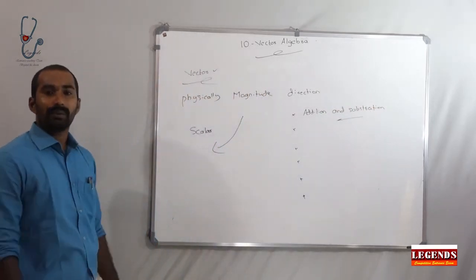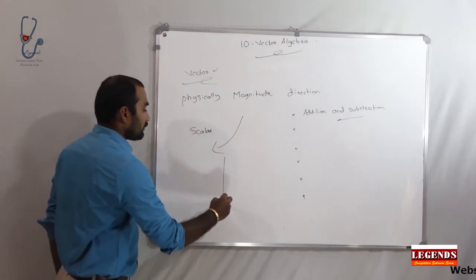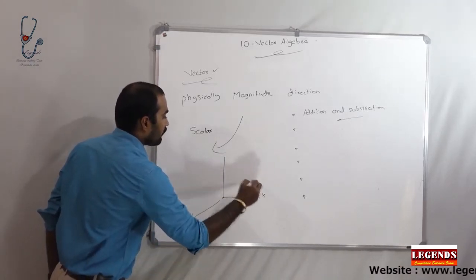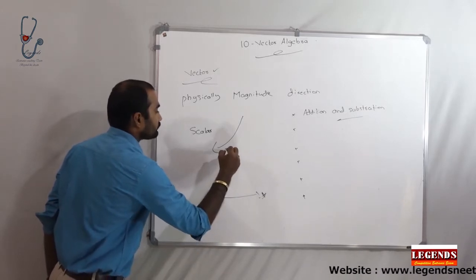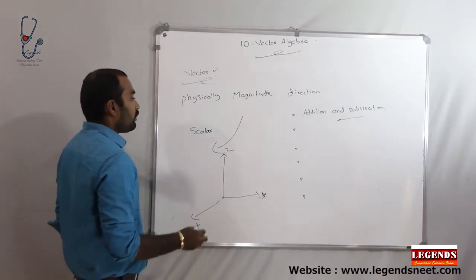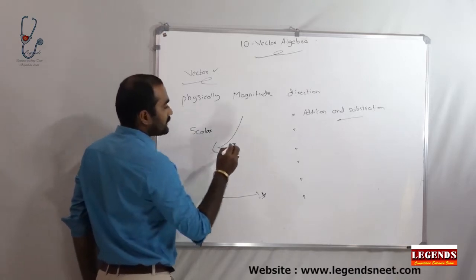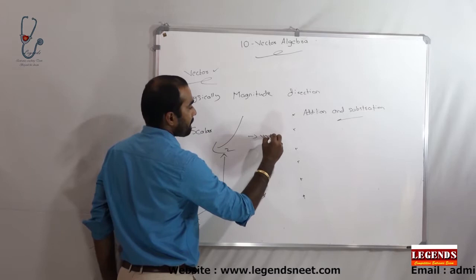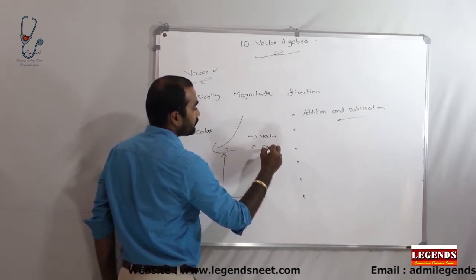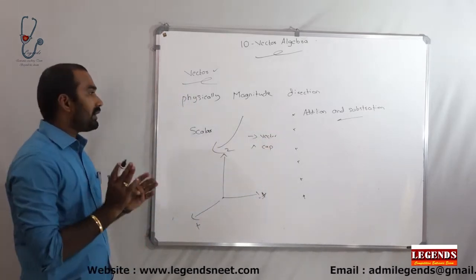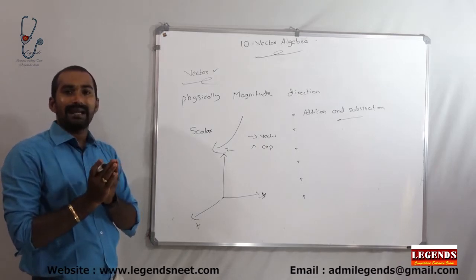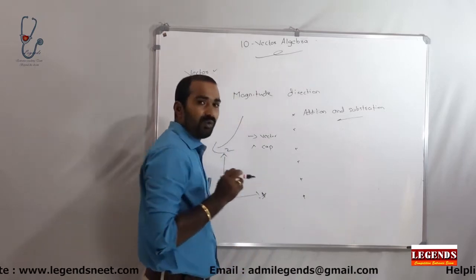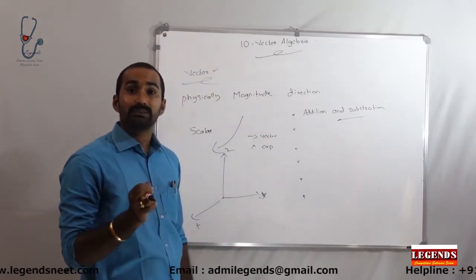I think all of you are familiar with vectors. A vector means axes containing x, y, and z. I am just explaining some basic terms. This type is known as a vector, and this symbol is known as cap. The basic representation of a vector uses a small letter.